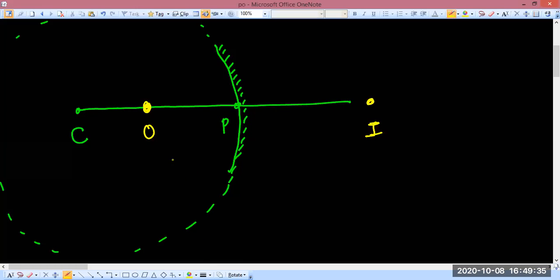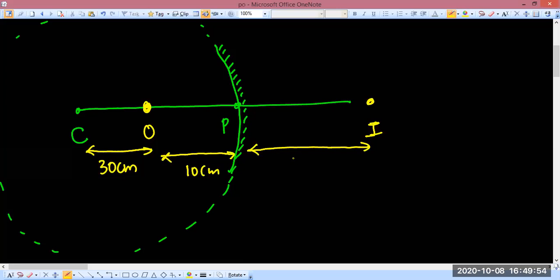Okay, so now let's say that this distance is 10 centimeter. Let's say that this distance is 30 centimeter, suppose. And let's say that this distance is maybe 50 centimeter. These are not exact values, I'm writing anything, okay?